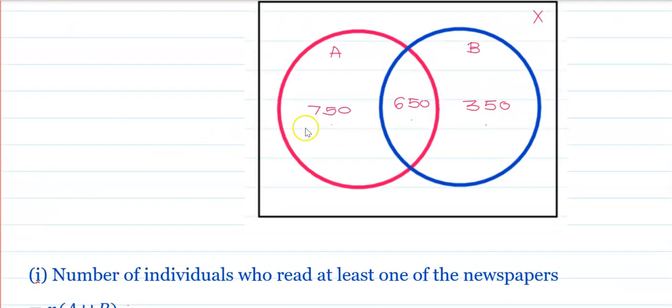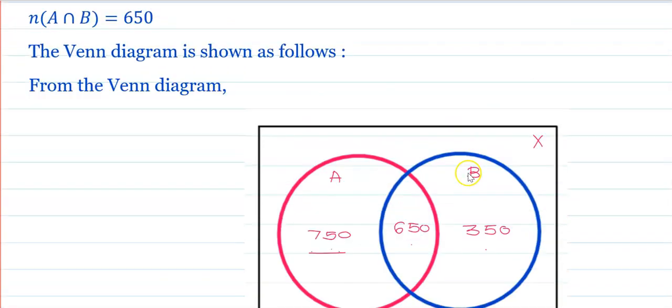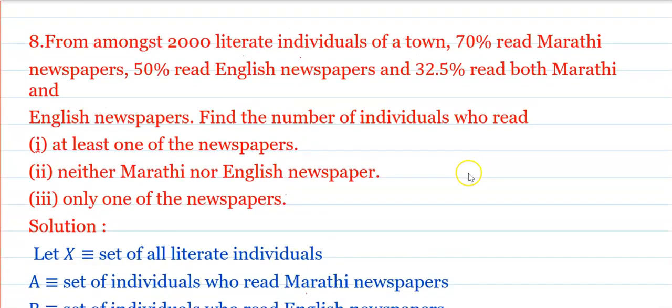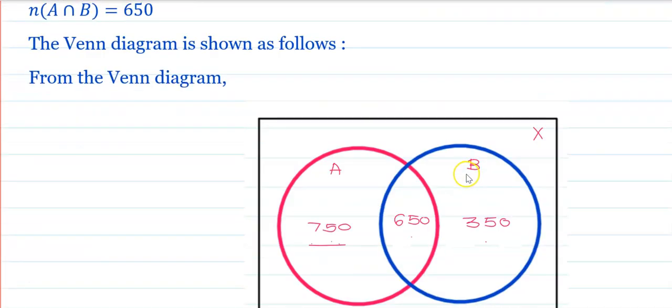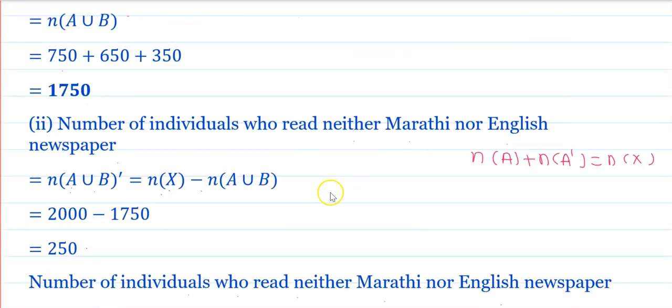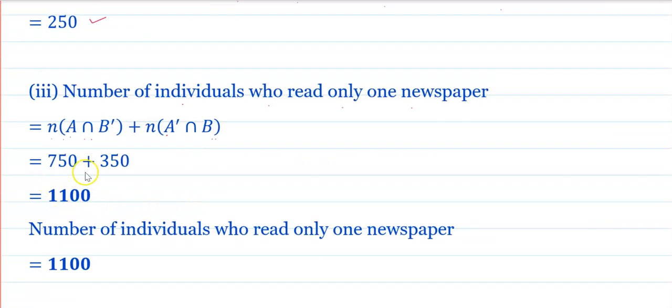Now we know from this Venn diagram that it is 750, these are the literate persons who read only the Marathi newspaper, and 350 are the literate persons who read only the English newspaper. Their total, 750 plus 350, you will get 1100. Therefore, the number of individuals who read only one newspaper is 1100.